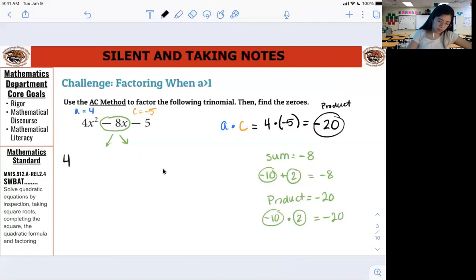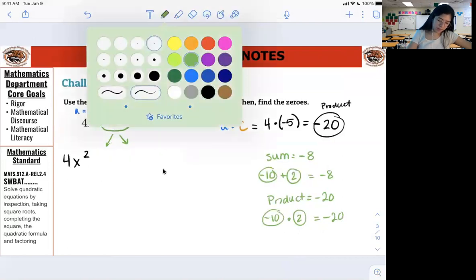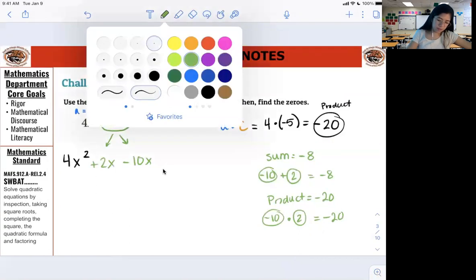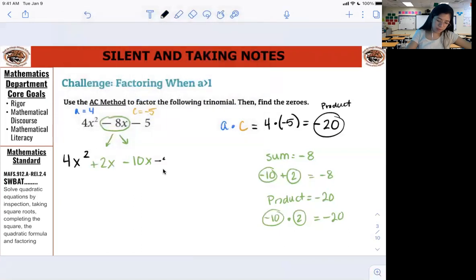So this time I'm going to do 4x squared plus 2x minus 10x minus 5. So I'm doing it the other way around, and it's still going to work. Let's see why. Now I can group the first two.